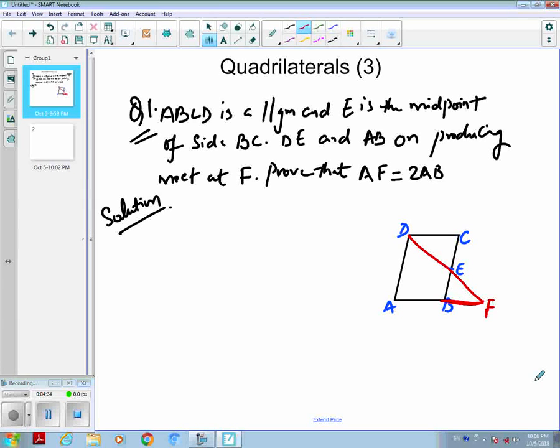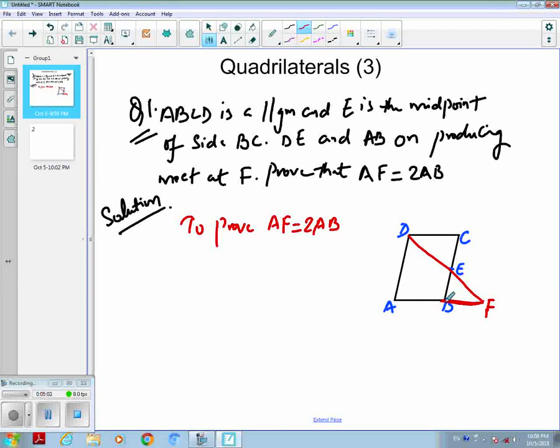Now we have to prove that AF is equal to 2AB. AF, this one, is equal to twice of AB.